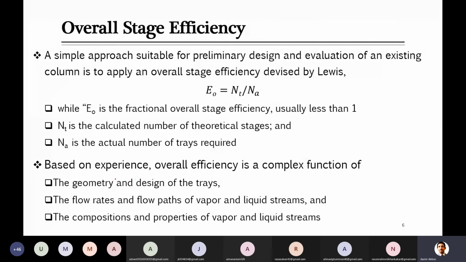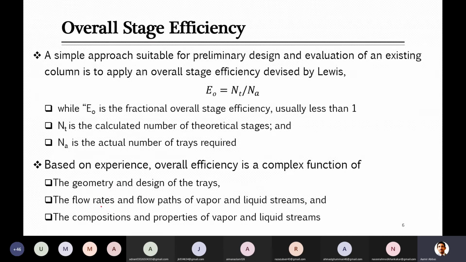So when you look at the overall efficiency of the overall column, including all trays, that is based on a number of experiments. People have observed that it depends majorly on 3 parameters. Those are the geometry and design of the tray, that is, how the tray is designed. In later discussions, we will see how this affects, for example, the geometry of the tray.